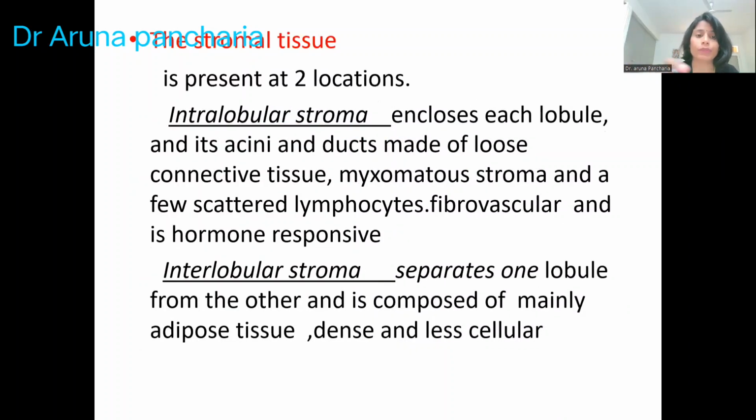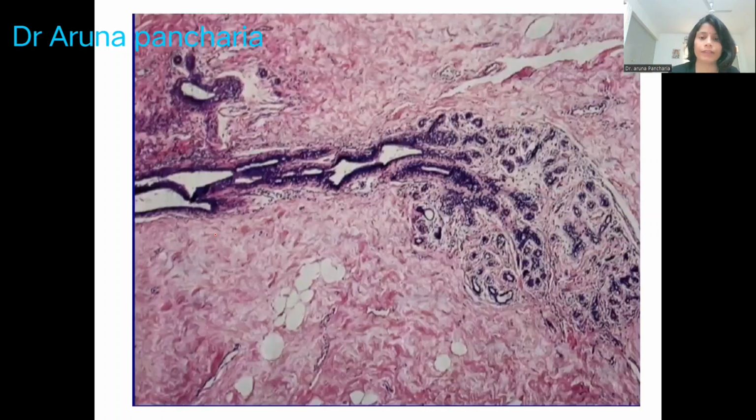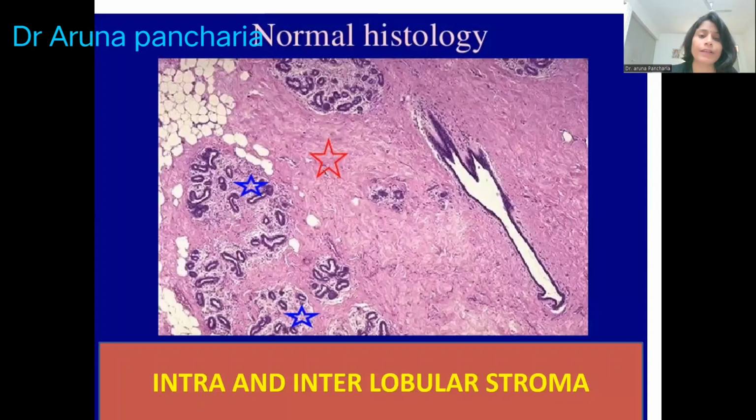I told you about two types of stroma, intralobular and interlobular. In this diagram, all these are the lobules, and the stroma present here, this blue star, is intralobular stroma.